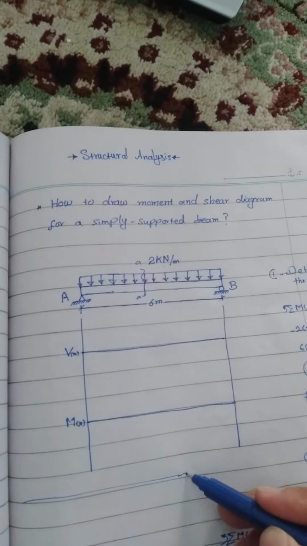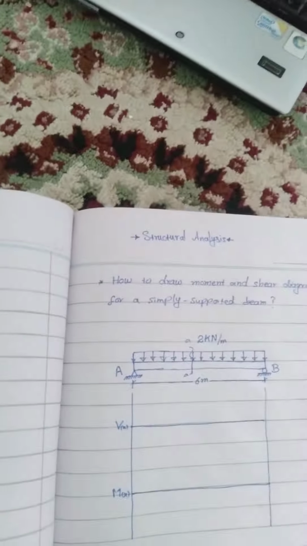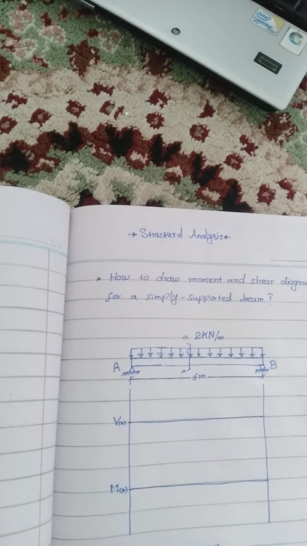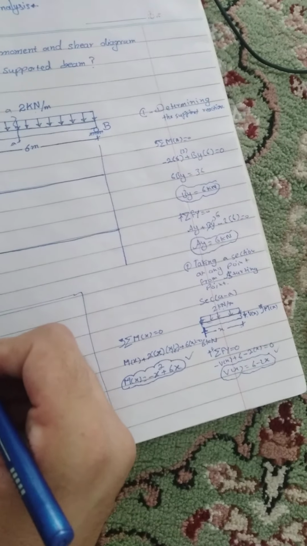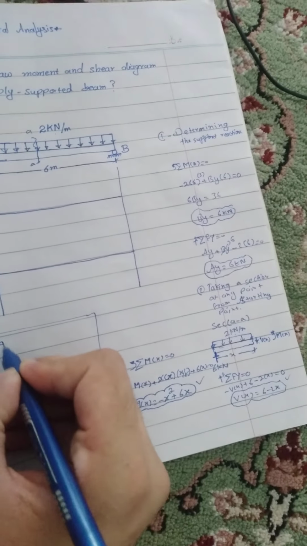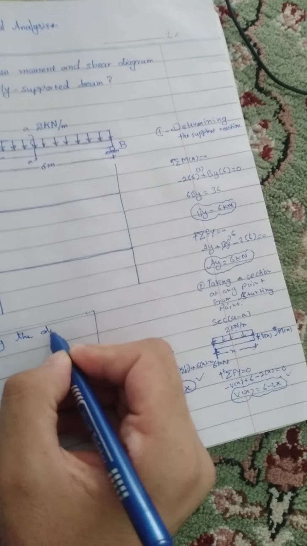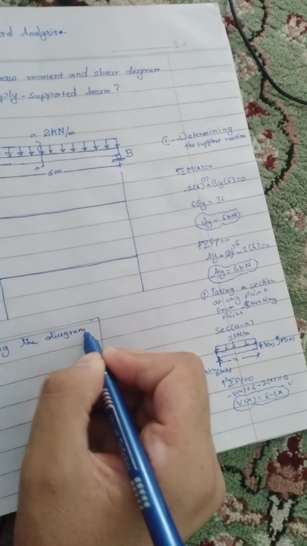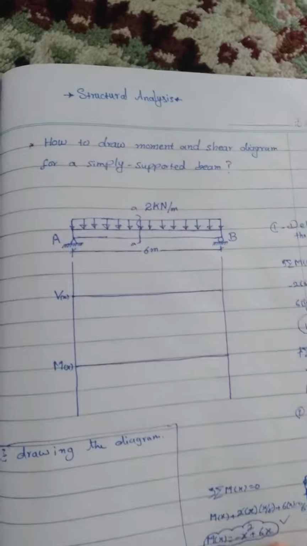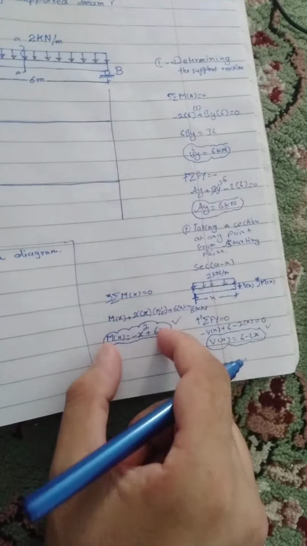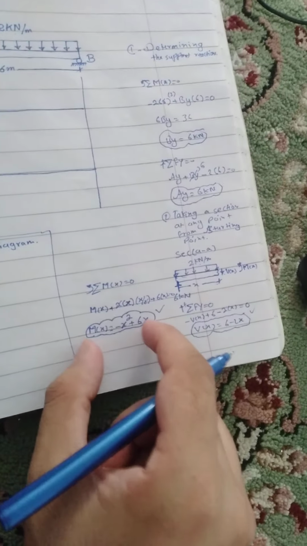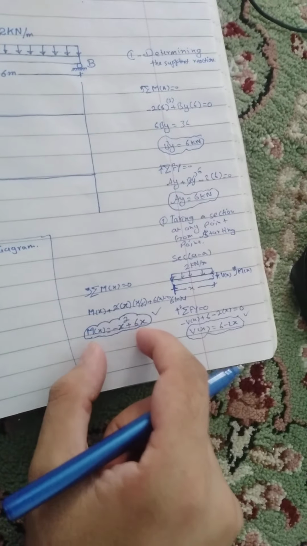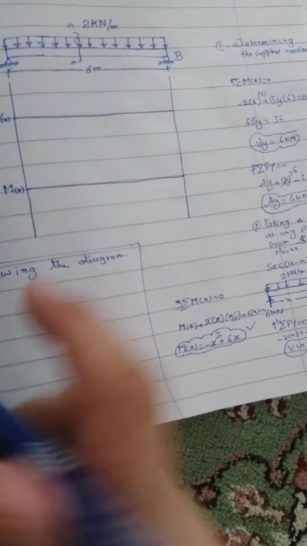So now let's plug in the values for each point on the beam. Step number 3 is drawing the diagrams. These are the equations, in other words, the functions for the shear and moment of this beam. So let's plug in the values.